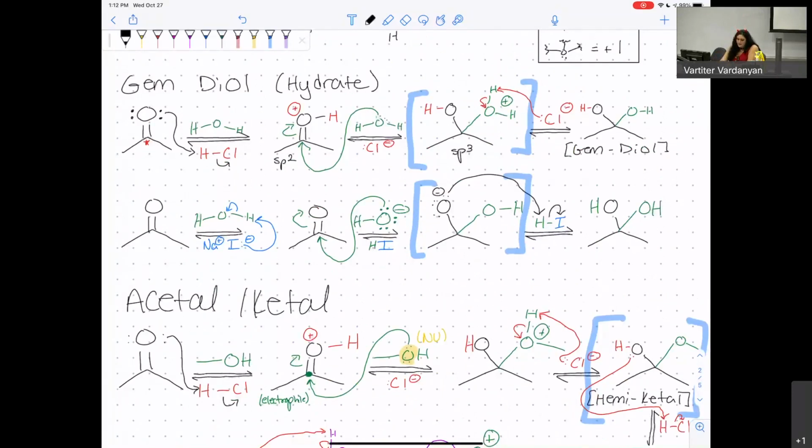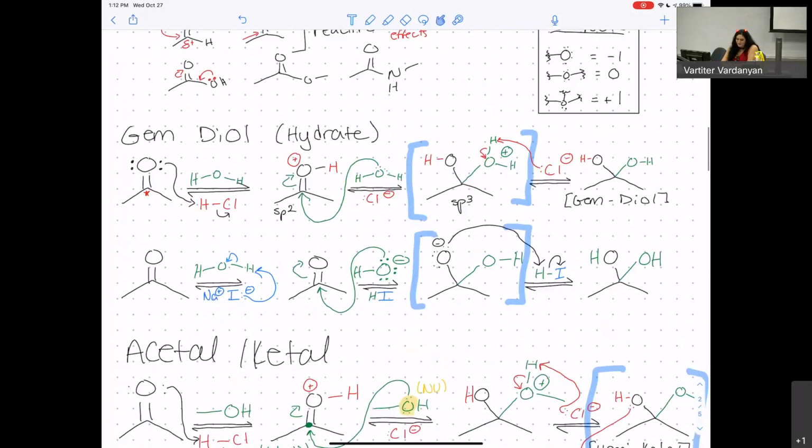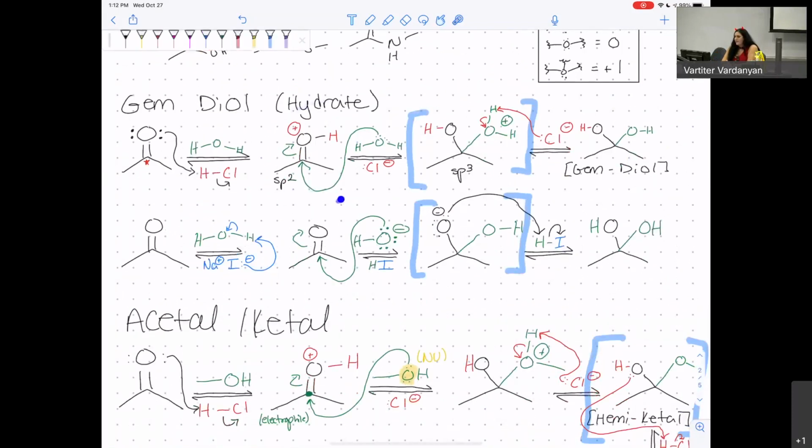So for the gem-diol thing, when we have an acid catalyst, we get a positively charged intermediate, right? Positively charged, and then we get the gem-diol. Versus here, we get negatively charged intermediate, negatively charged gem-diol. So between these two intermediates, which one do you think is more reactive? The top one or the bottom one?